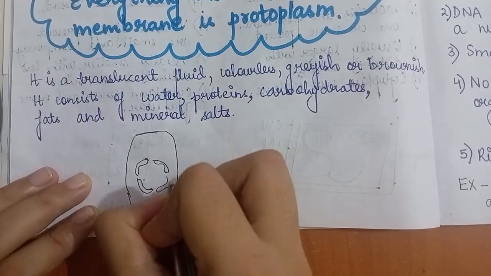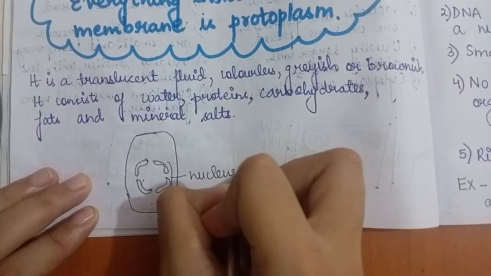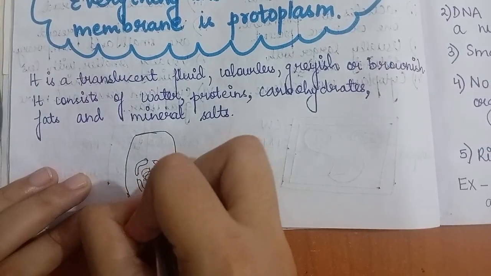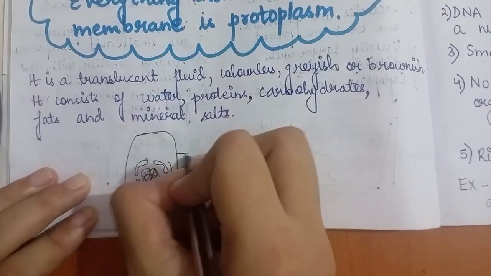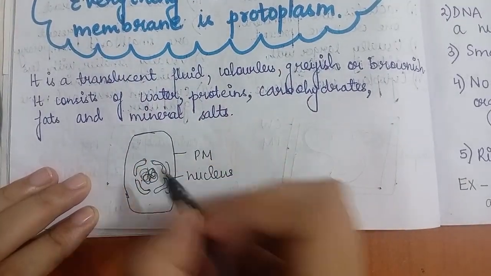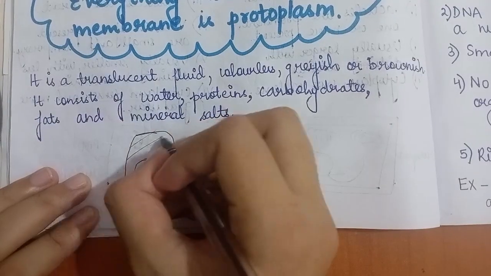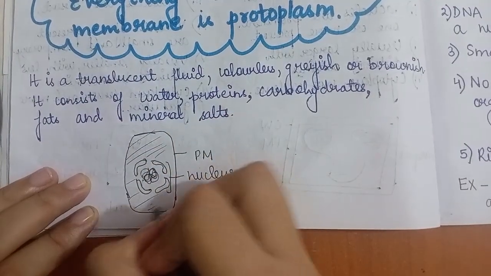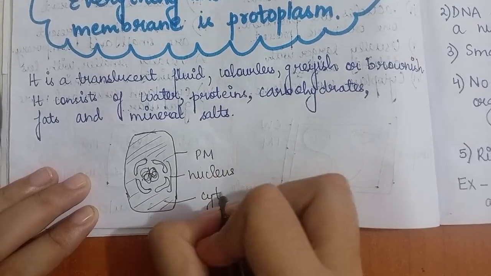This whole part is the nucleus, in which our chromatin or DNA is present. This is the plasma membrane. So inside the plasma membrane and outside the nucleus, this whole shaded part is called cytoplasm.